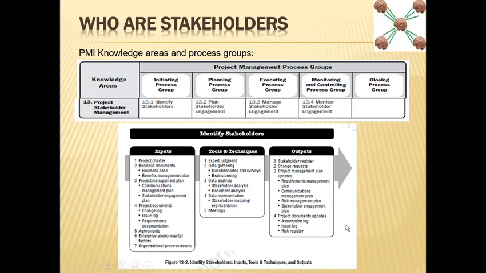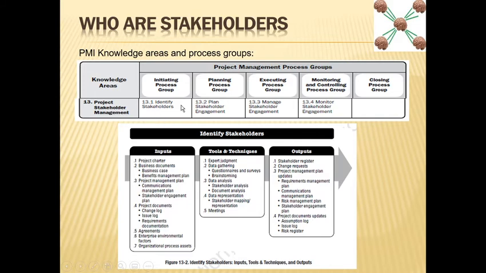So project documents should also be updated: assumption log, issue log, and risk register. So if you went through this, then you should be ready to get these inputs, use these tools and techniques, and you will have these outputs.